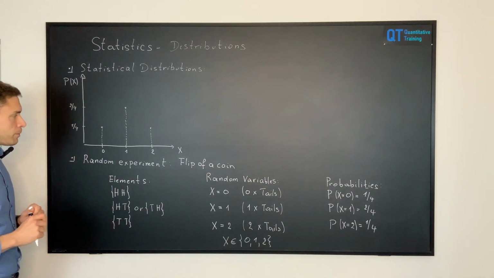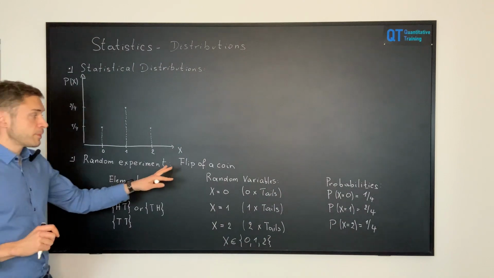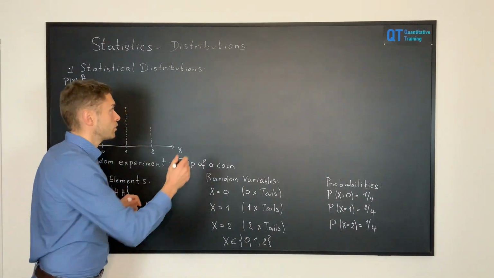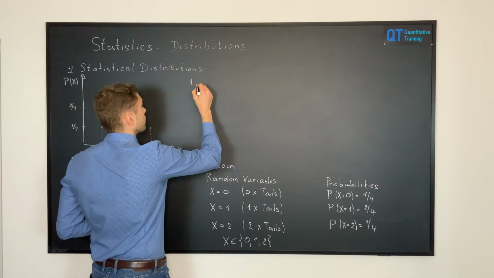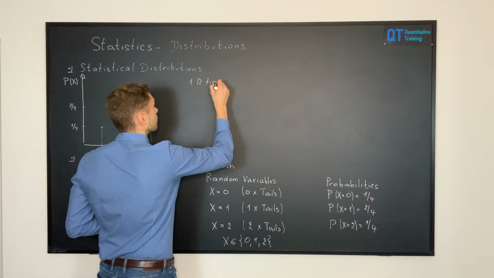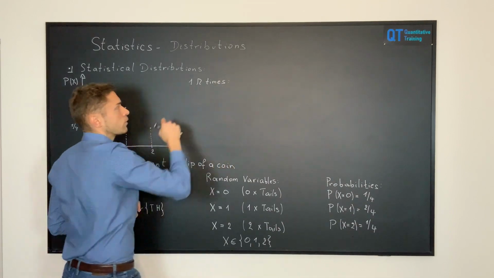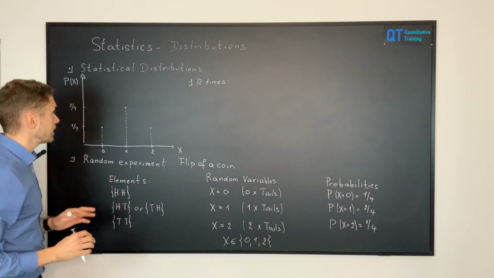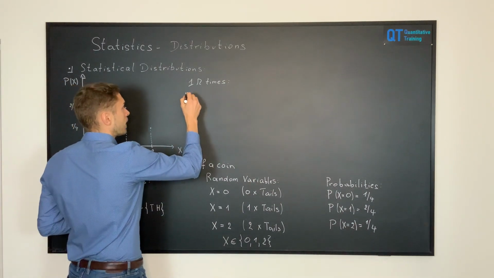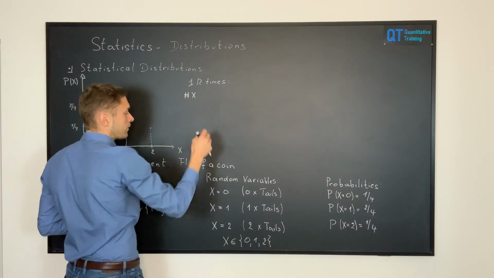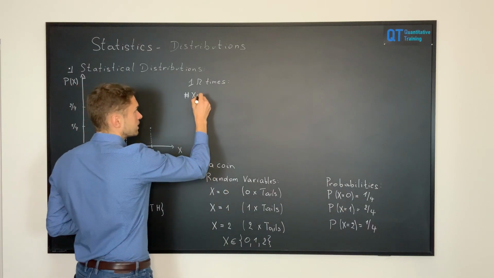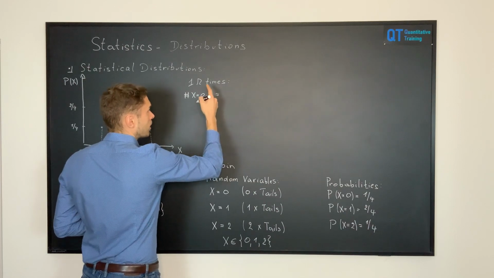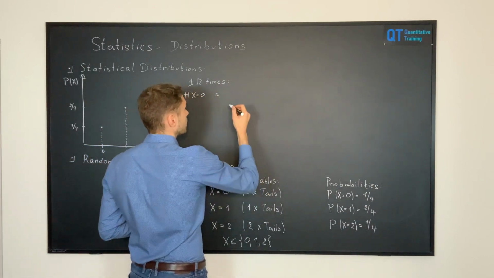If we would repeat the random experiment of flipping a coin, let's say 1,000,000 times, so M stands for 1,000,000, then in general we would roughly obtain, as the number of times where we have 0 times tails, so x equals 0, roughly 1/4 of the time.